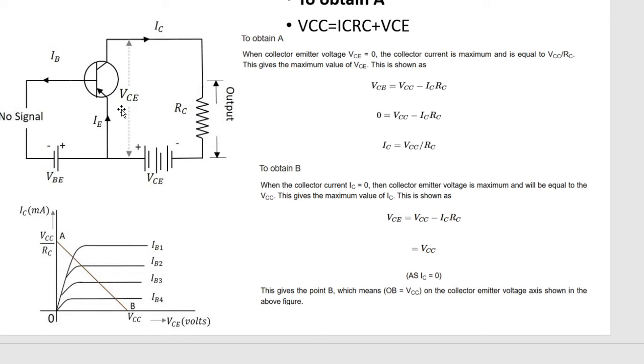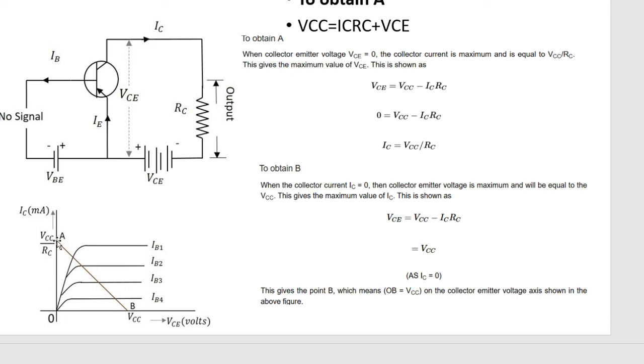This is a very important concept. When the transistor is on or in saturation, it acts like a short circuit and the collector current IC will be maximum. Under this case, if we apply VCE equal to 0, we can calculate the value of IC as VCC by RC. So this point A corresponds to the maximum value of IC, VCC by RC. This is the saturation point.